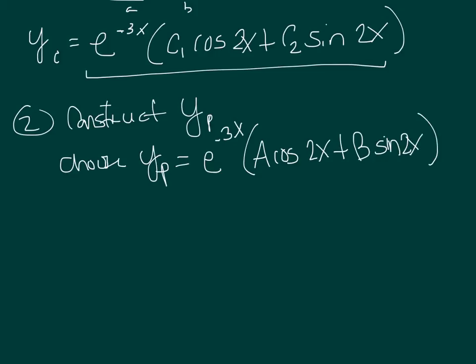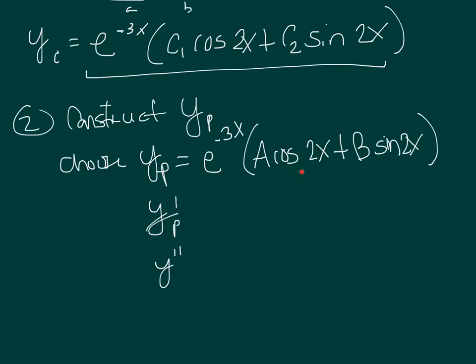Then I could start differentiating, finding the first and second derivative, but I'm not going to, because this is not a good choice for y sub p. We want to add something new to the table.